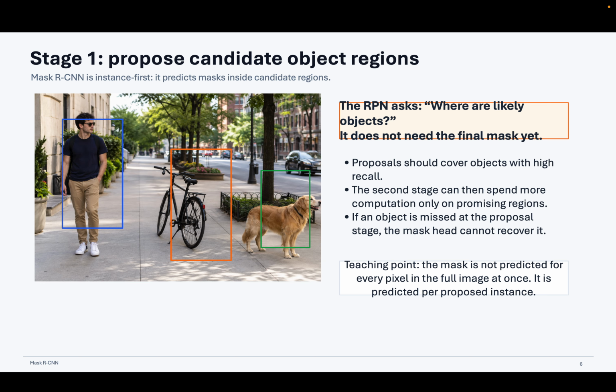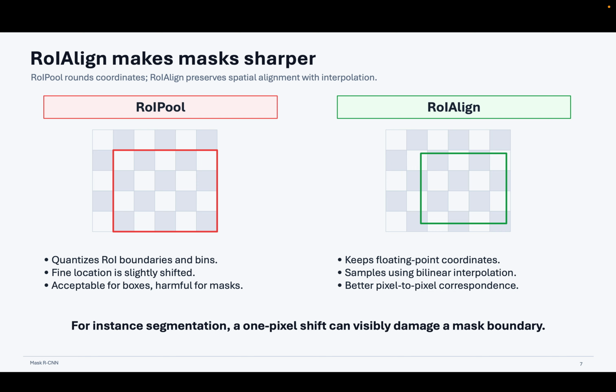RoI Align is one of the key technical details. Earlier systems like Fast R-CNN and Faster R-CNN used RoI Pool. RoI Pool converts a proposal into a fixed-size feature map, but it does this with coordinate quantization. It rounds the region boundaries and bin locations.